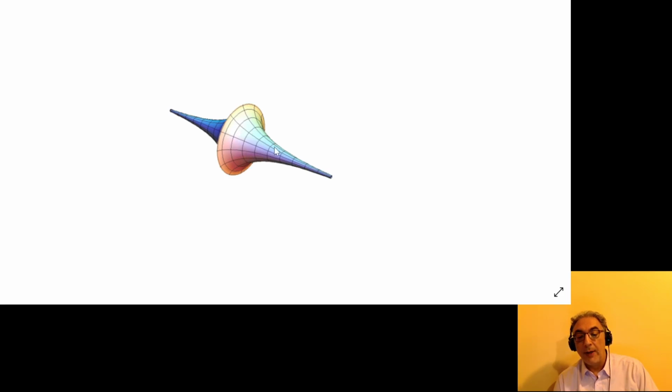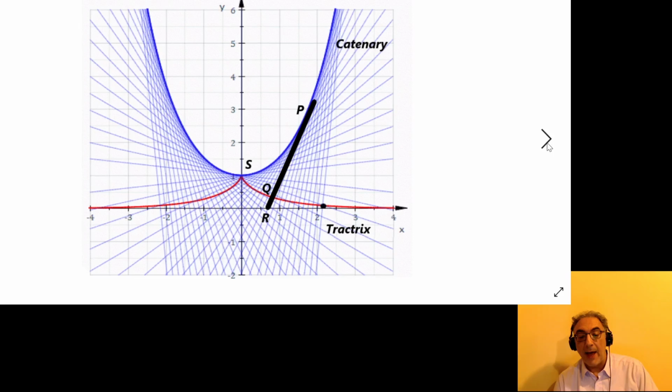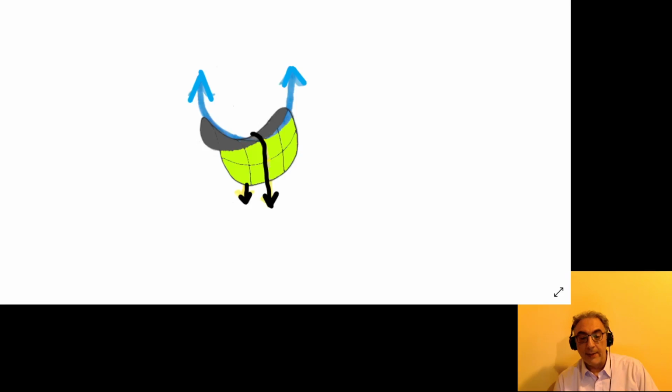And of course, it is immediate to see that these osculating circles are oppositely directed. It is this case that we have talked about here.